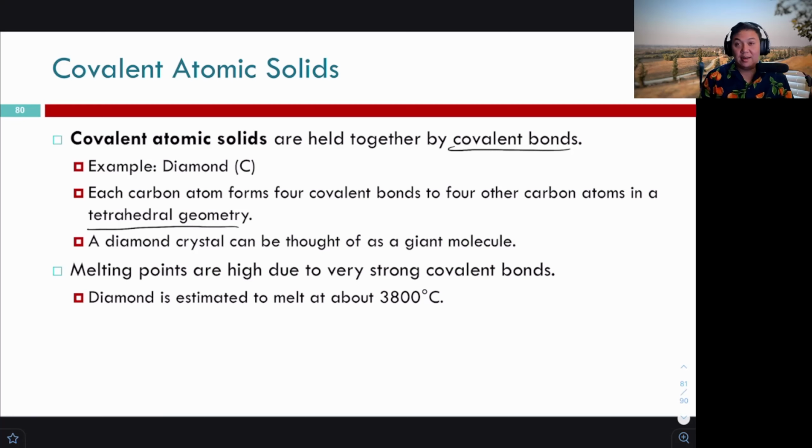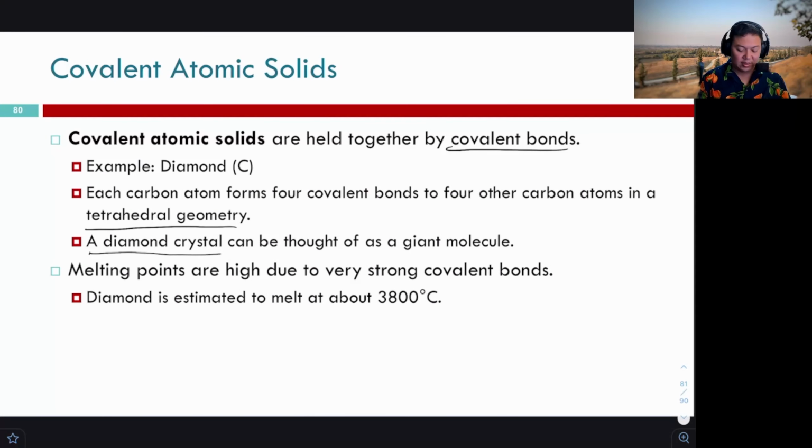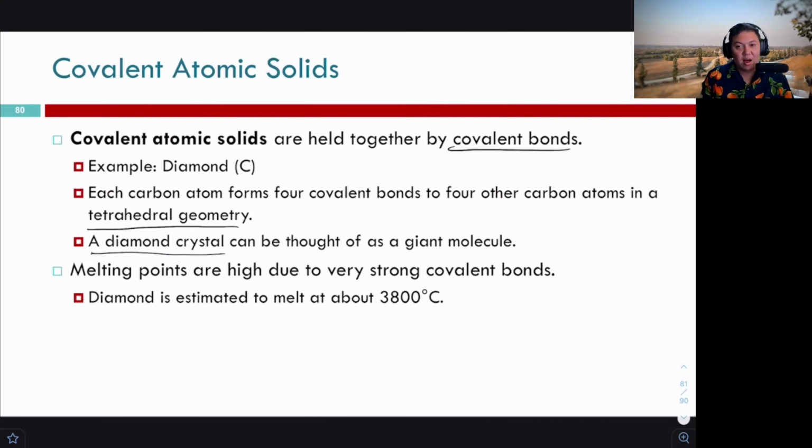So you can actually, and I think this is really, really cool, a single diamond crystal can be thought of as a single molecule. All of those atoms in there are all covalently bound together, so that is one molecule. The melting point is very high because these are strong bonds. It's like 3,800 degrees C.